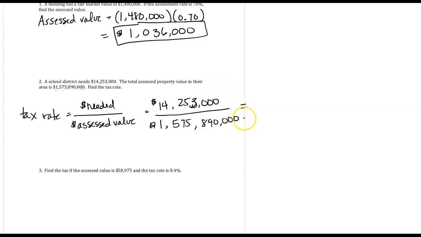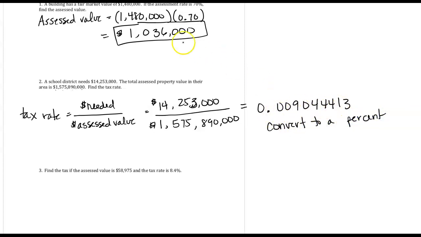And when we divide, we get a small decimal. Keep all of those decimal places. And then after we get our decimal, we're then going to convert to a percent.